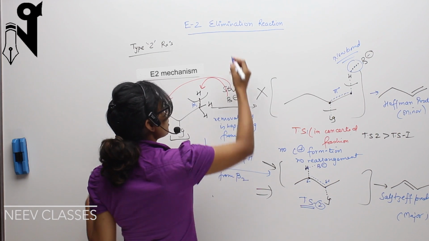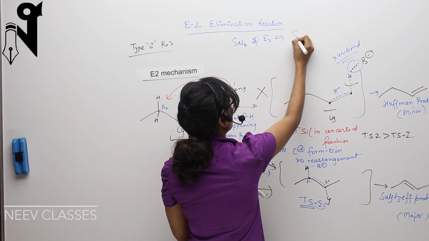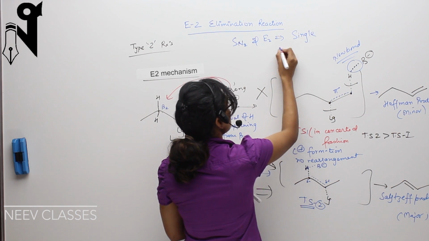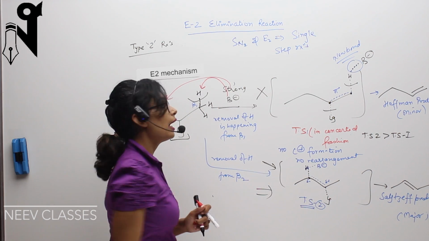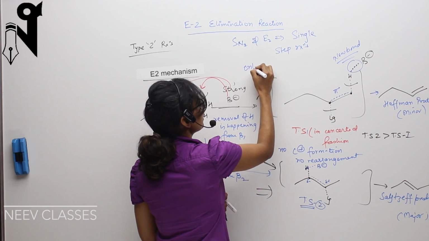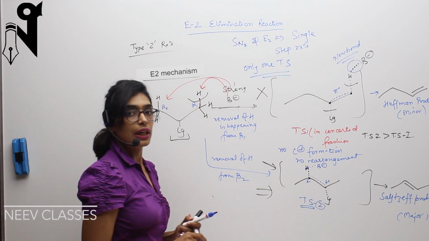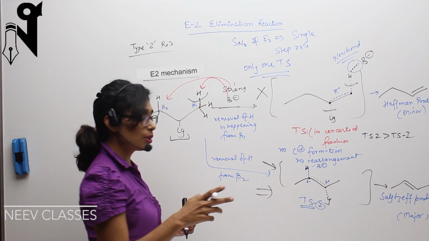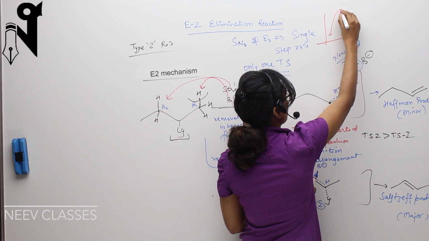So both of our reactions, SN2 and E2, are single step reactions, right, and go through only one transition state. So when we see the potential energy diagram of both of them, it will look like this.